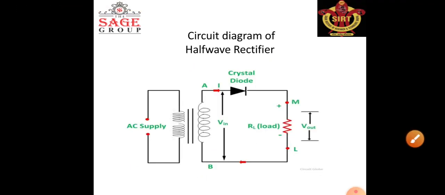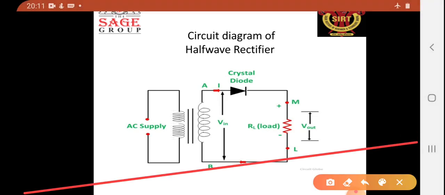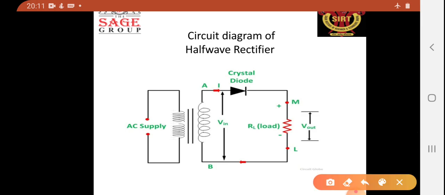This is the circuit diagram of a half wave rectifier circuit. A half wave rectifier circuit uses only one diode. This is the diode used in the half wave rectifier.